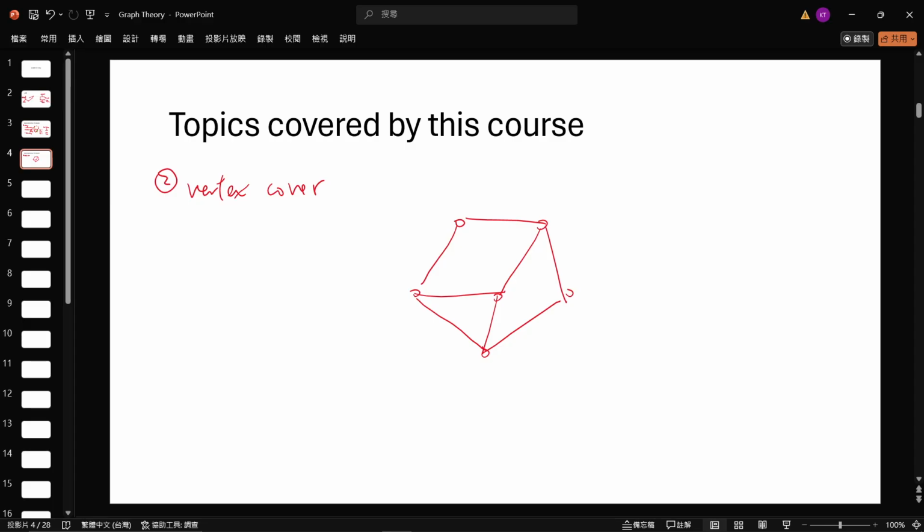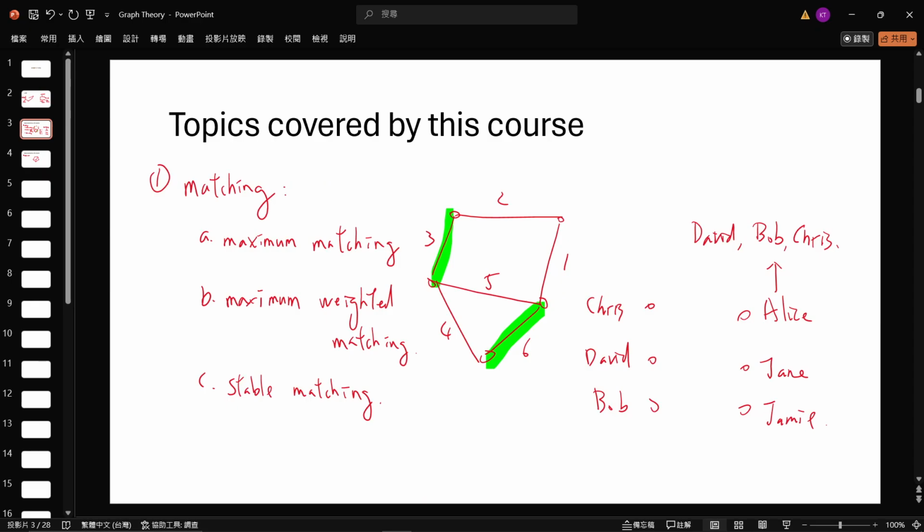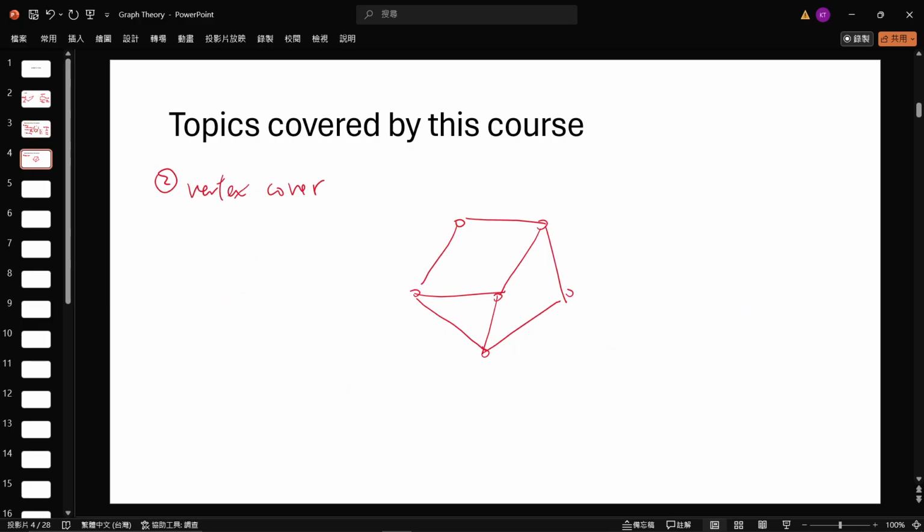These line segments in graph theory, we call them edges. So these are edges. Don't worry, I'll give you the formal definition of a graph later. But first I want to give you some taste of the discussion that we're going to have for this whole semester.